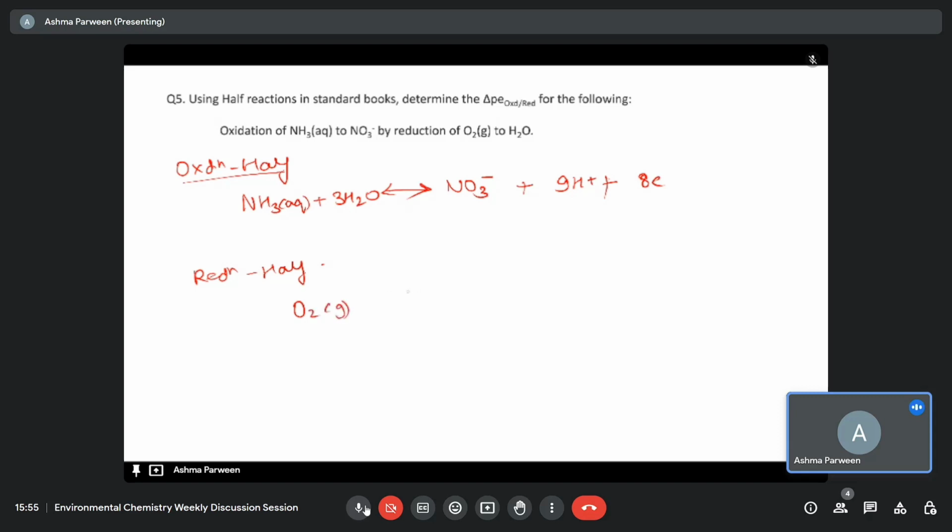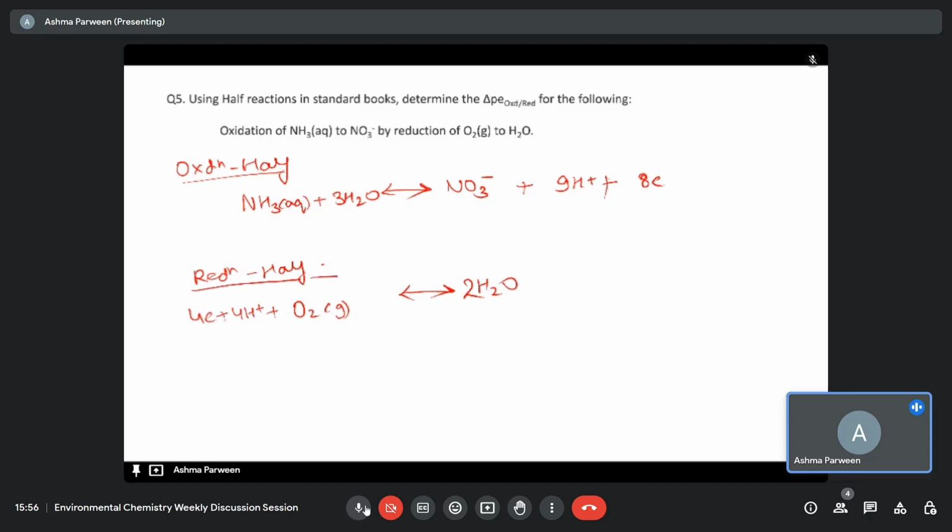Oxygen is getting reduced to form H2O. First we balance oxygen, so 2H2O. Next we balance hydrogen, so 4H+. And finally the charge on both sides: for this we will add 4 electrons on the reactant side.